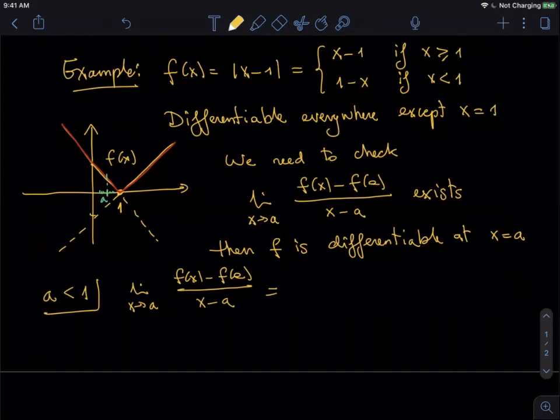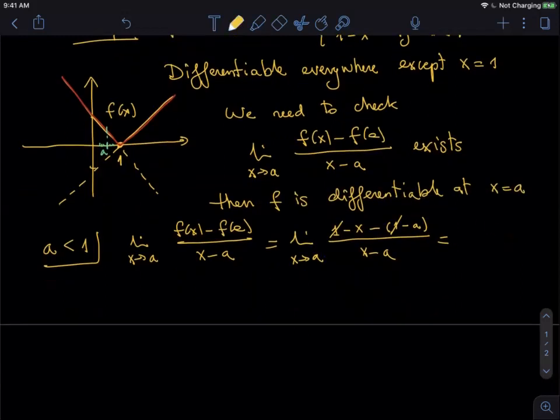So we have here the limit as x tends to a of 1 minus x minus 1 minus a, divided by x minus a. So these two ones cancel out, and we have minus x plus a.